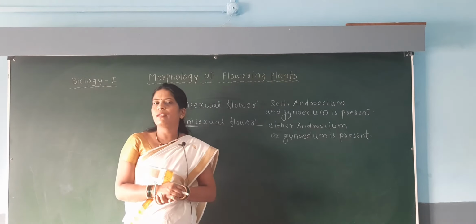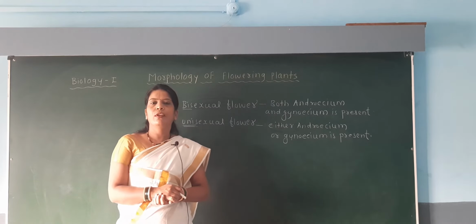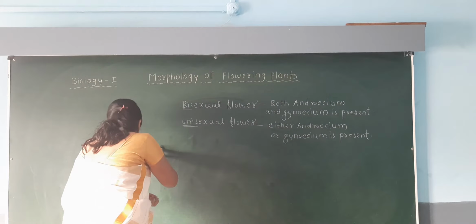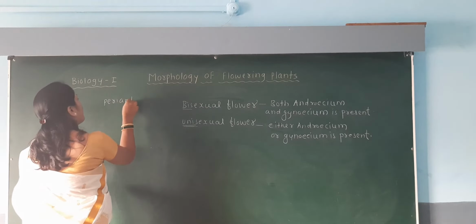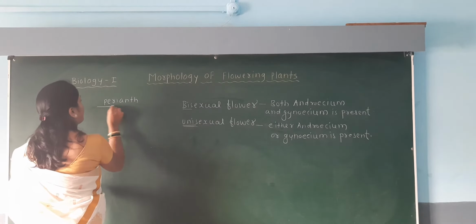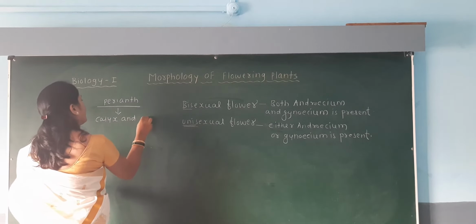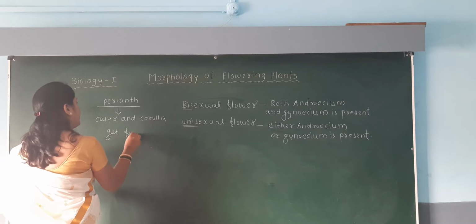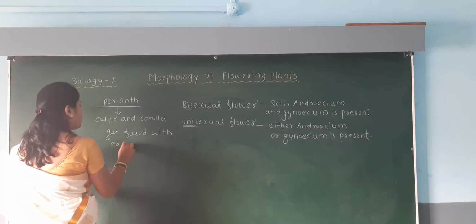In lily we have seen that calyx and corolla get fused with each other, and that condition is called a perianth. So you have to remember the next term, perianth. Perianth means calyx and corolla get fused with each other.